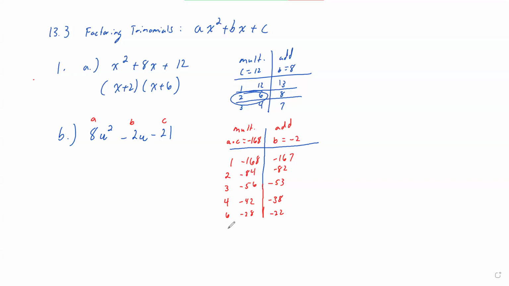Negative 22, yes. Does 7 go into 168? Do 168 divided by 7. Is it 24? 7 minus 24 would be? All right. What about 8? All right. So what's 8 minus 21? Okay. Getting closer. What about 9?